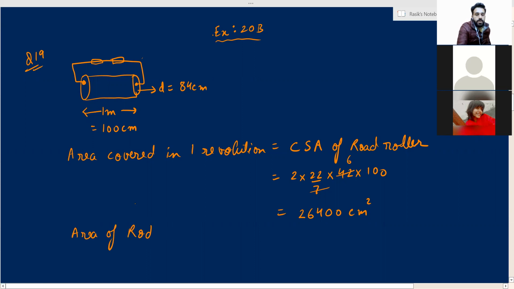We can find the area of road by multiplying the CSA by 750. Why 750? Because it is taking 750 revolutions. So multiply the CSA by 750 and find the area of road. Are you getting the concept of the question? This is clear or not? Find out the area of road.